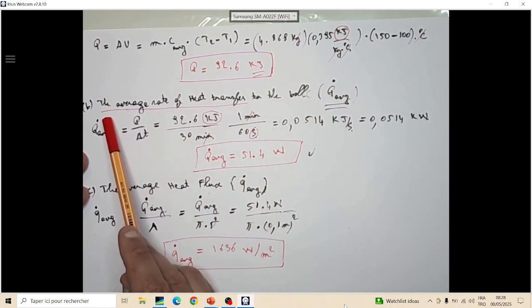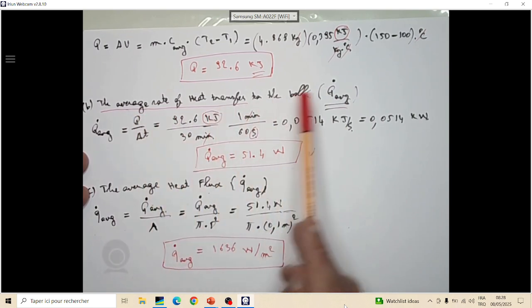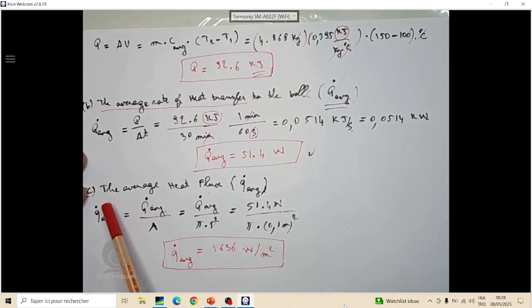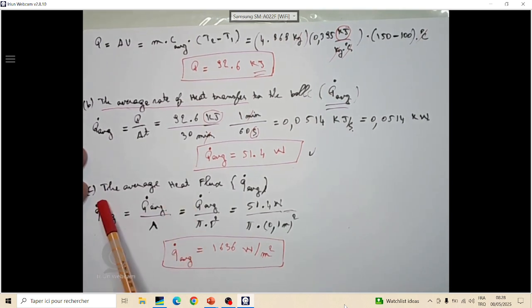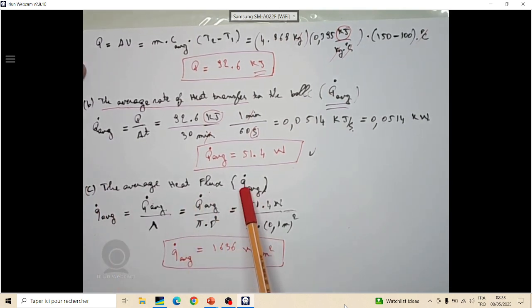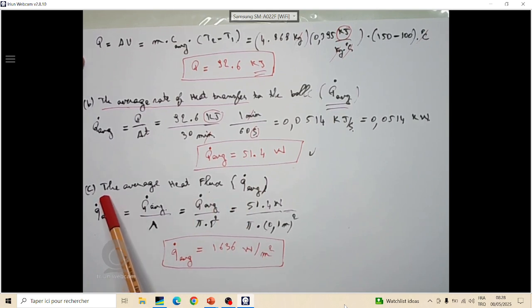We have also calculated the average heat flux, which is small q dot average.